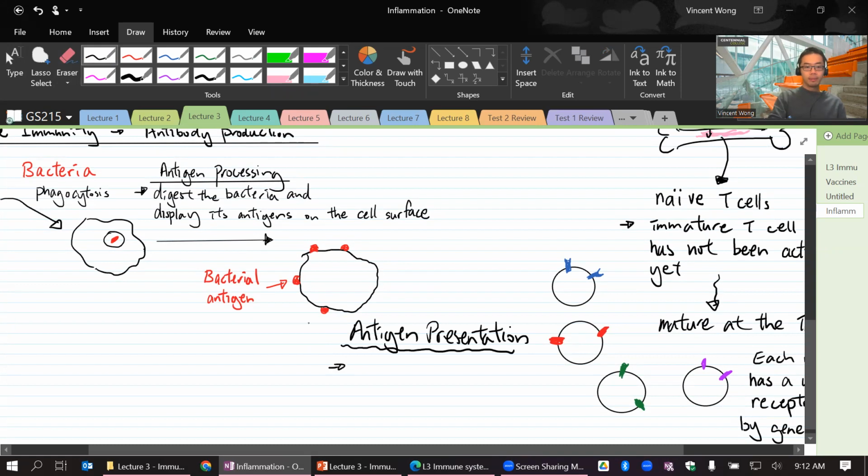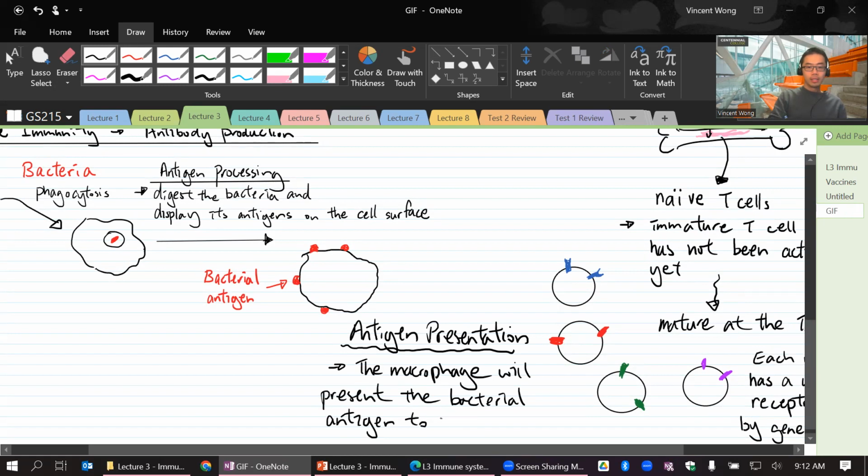The macrophage will present the bacterial antigen to naive T cell.